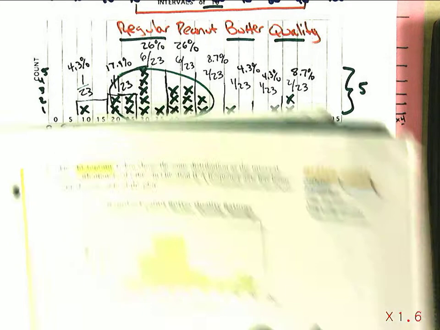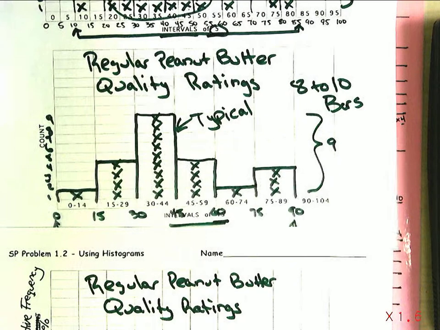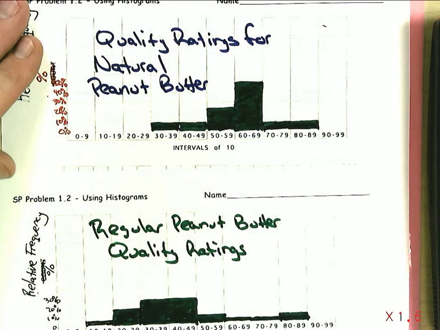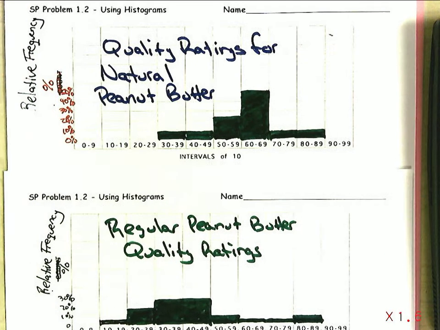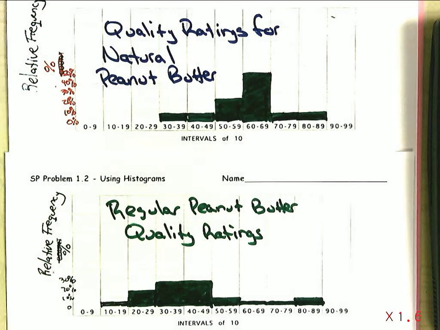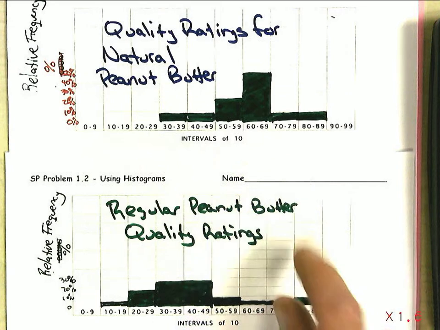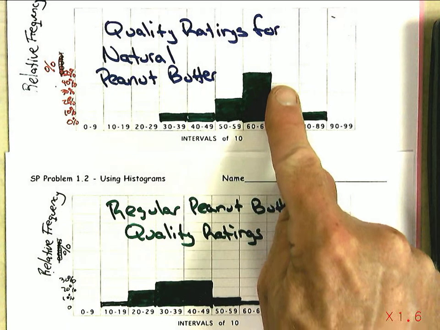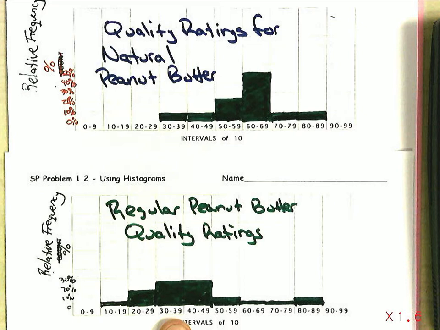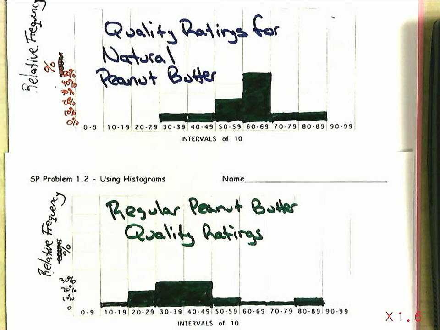So again, it's just another way to look at it and another way to compare, because we can compare this one to this one now, and they're both written as percents of the totals. And you can see pretty clearly that the quality ratings of the natural peanut butters in general cluster higher as a percent of the data than the regular peanut butters. The whole point of these graphs oftentimes is to be able to make comparisons.